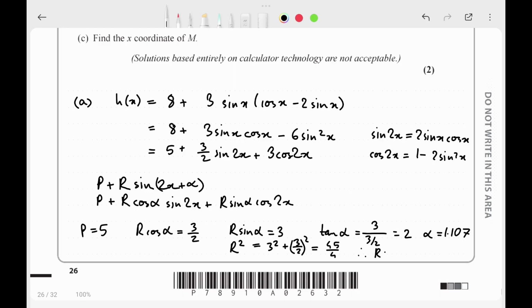So therefore r is equal to 3 by 2 root 5.